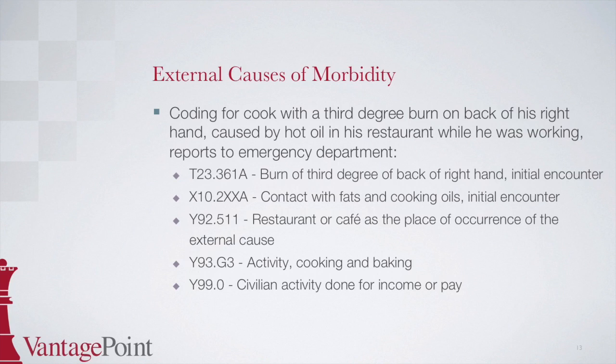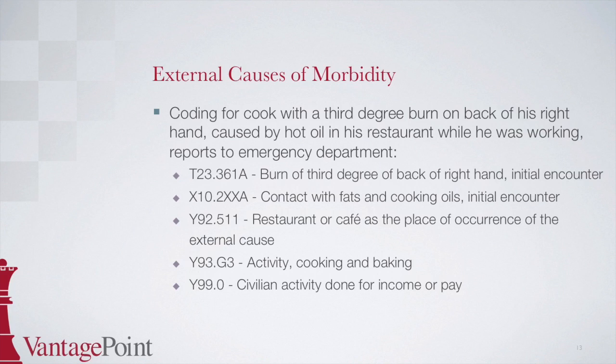The next code needed is for the place of occurrence, and to find this you would go to the phrase place of occurrence in the index of external causes. From there, find the word restaurant, which points to Y92.511, which you would then confirm in the tabular. The next code is for the activity, and you would locate activity in the index of external causes, then look for cooking, which points to Y93.G3, which you would then confirm in the tabular.